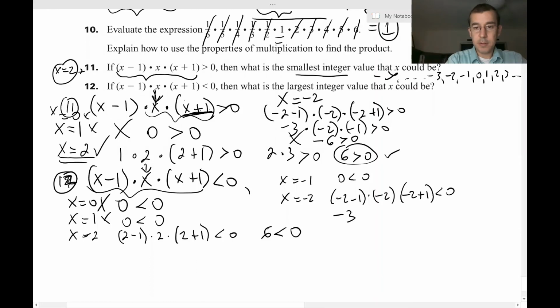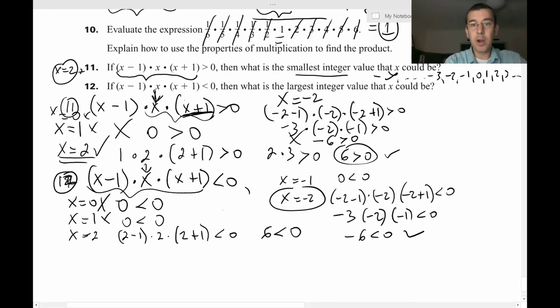Minus 3 times minus 2 times minus 1 is less than 0. But this is minus 6 is less than 0, and this is correct. So yes, the largest integer value that x could be is going to be minus 2. Okay, so x equals minus 2 is the solution for 12.